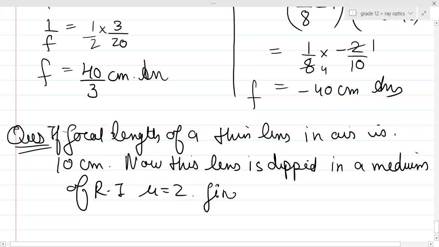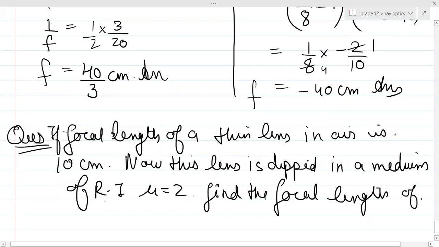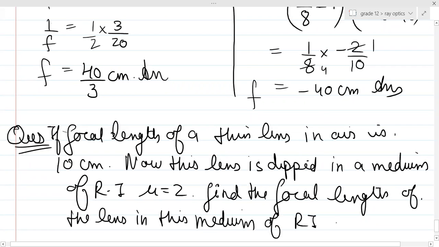Now find the focal length of the lens in this medium if the refractive index of the lens is 3 by 2.